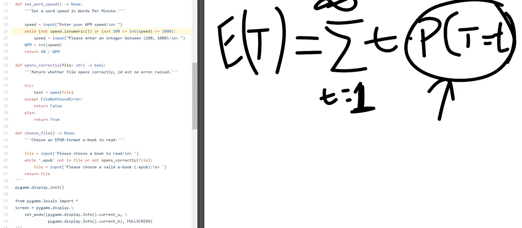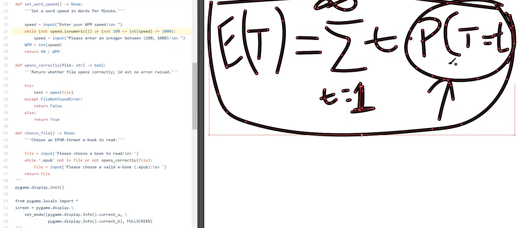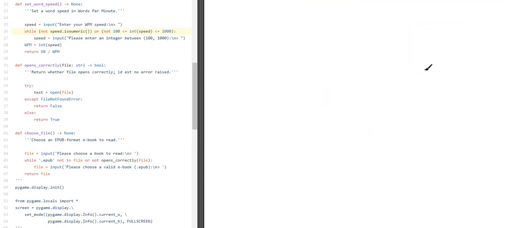So this is the expectation we want to compute. And to compute this, what do we do? Once again, we need to know how this probability distribution looks like.